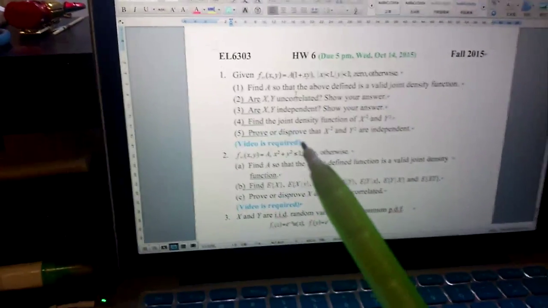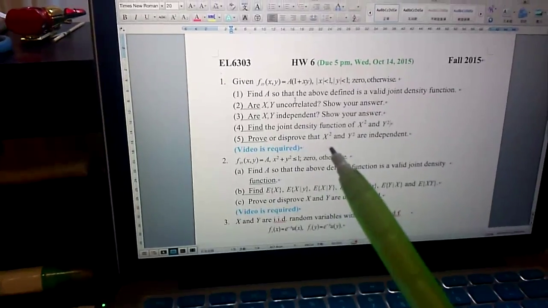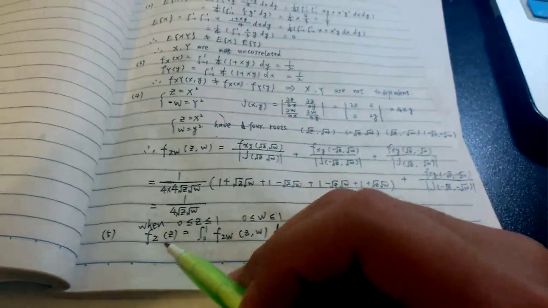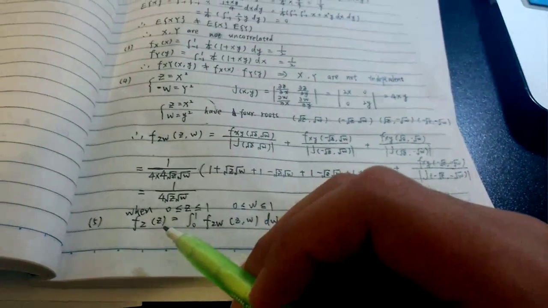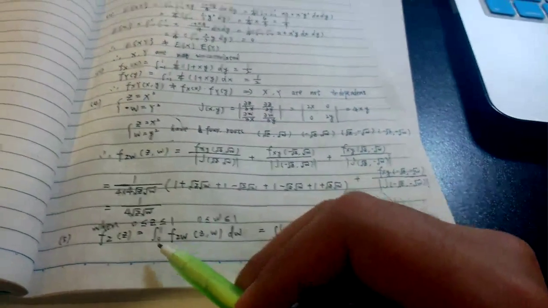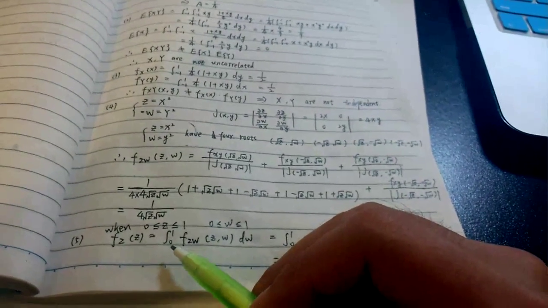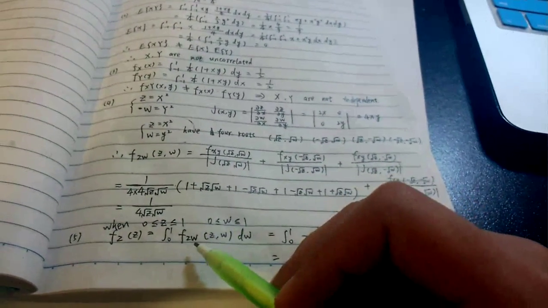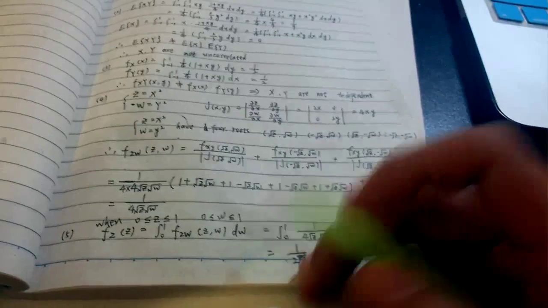And the last part is to prove or disprove that X squared and Y squared are independent. That means we have to calculate f_Z and f_W. f_Z is equal to the integral from 0 to 1 of f(z,w) dw.